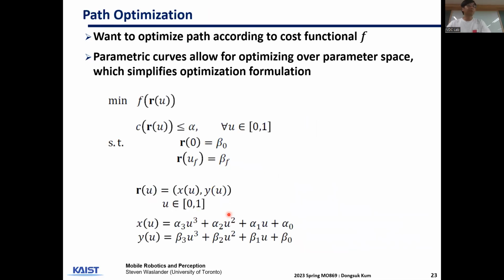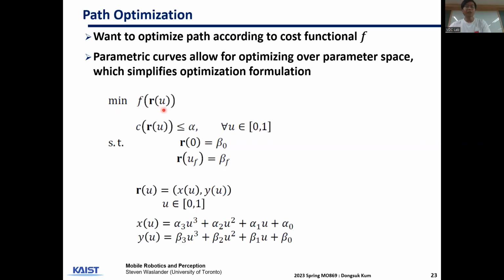For path optimization, the path that we generate, we usually use some cost function in order to create an optimized path. And this cost function f, generally, we want it to be minimized.